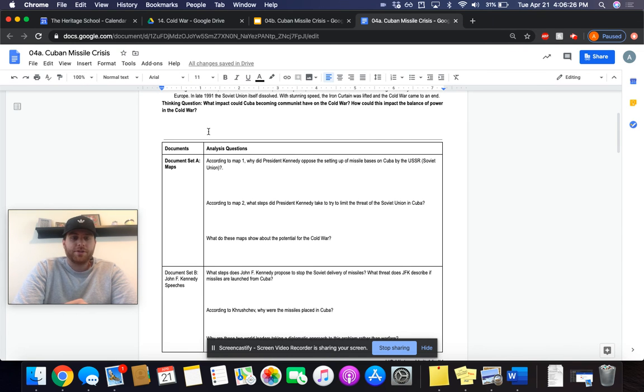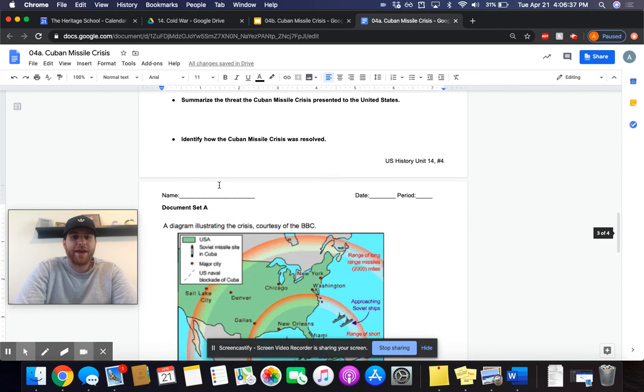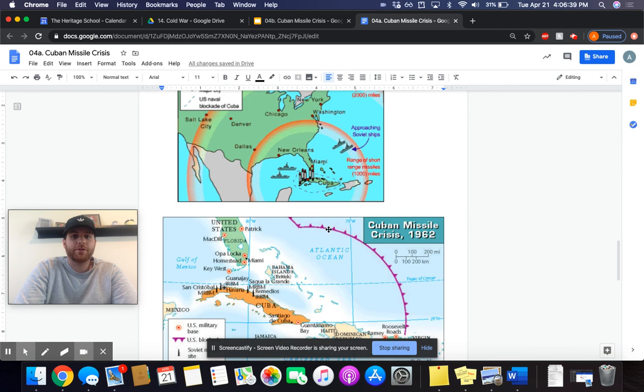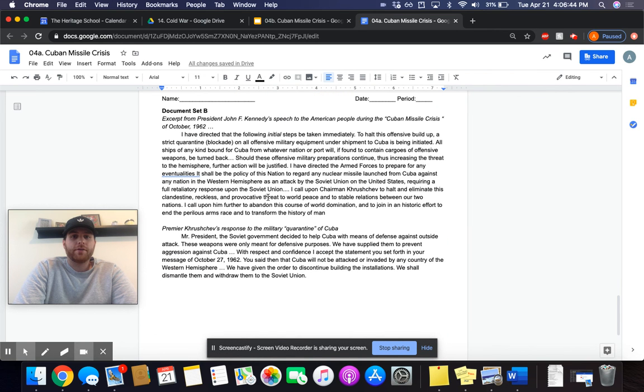Once you finish up with the thinking question, I'm going to pull up your document here. You see this table that you're going to be working through, and it says document set A is a set of maps, and then document set B is a speech by JFK. The document you're going to get itself has these documents below. Document A, the map sets are here. The text for JFK's speech is also provided.